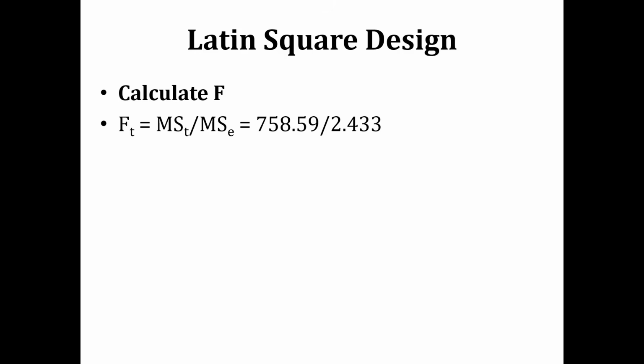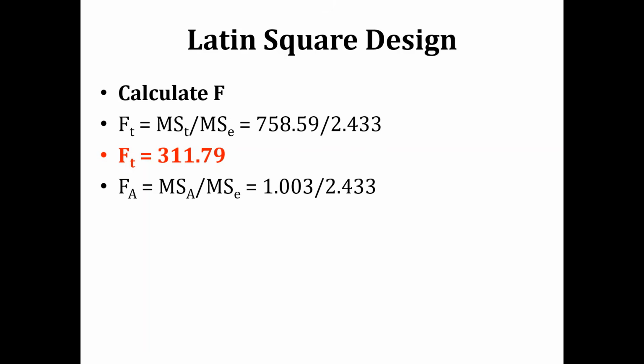So 758.59 divided by 2.433, and we have 311.79. So this is our F value for the treatments, and we can see that this value is quite high. It is actually quite higher than 1. So we will see how significant this value is.